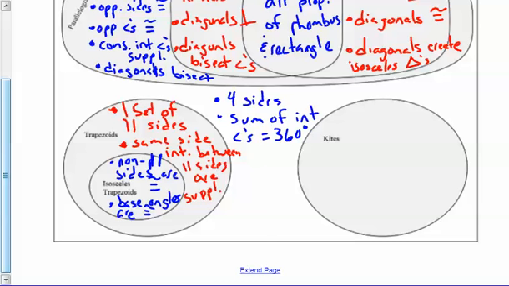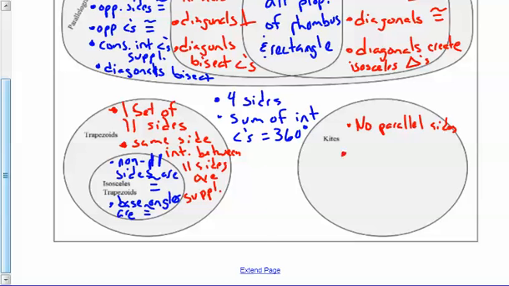All right? So what are some properties of kites that make them different from other quadrilaterals? Well, first of all, we're going to point out that there are no parallel sides. Now that's not different than most quadrilaterals, but it is different than the parallelograms, it is different than trapezoids. So we'll point that out. There are no parallel sides.